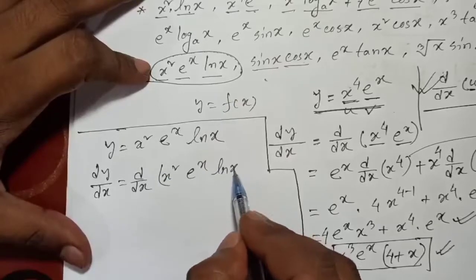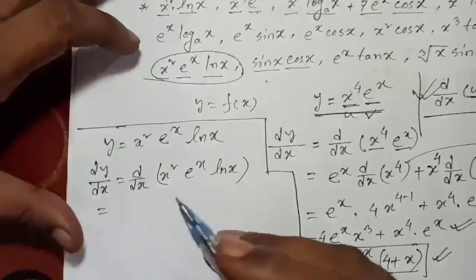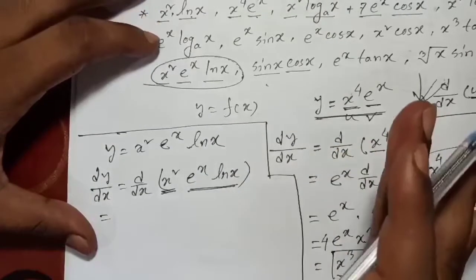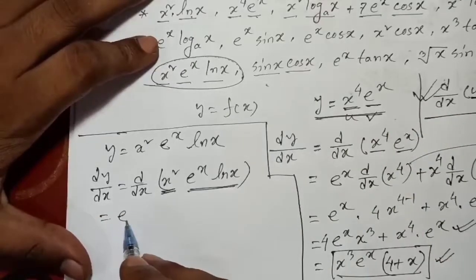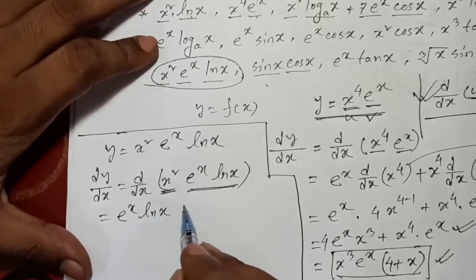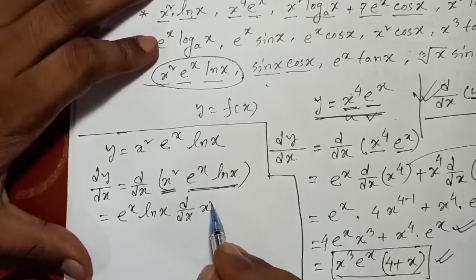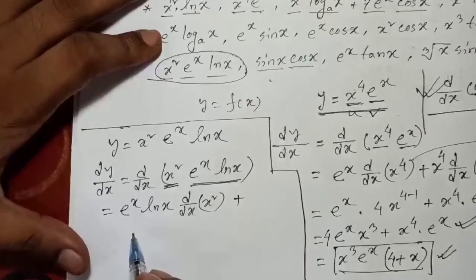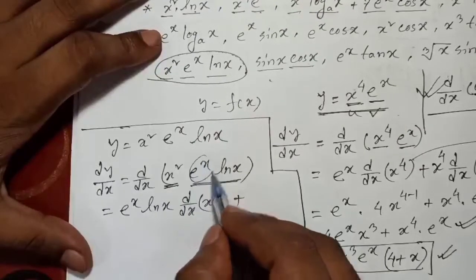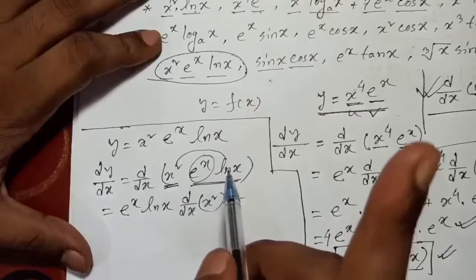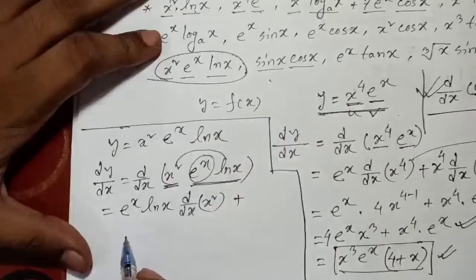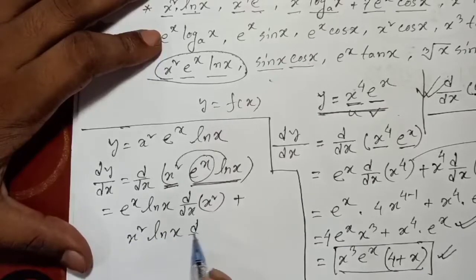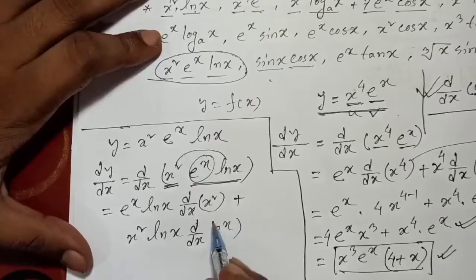When we find the derivative of x square, these two will be constant. So e to the power x, ln x, and d/dx of x square, plus, if we do it for e to the power x, then x square and ln x will be constant, like x square ln x and d/dx of e to the power x.